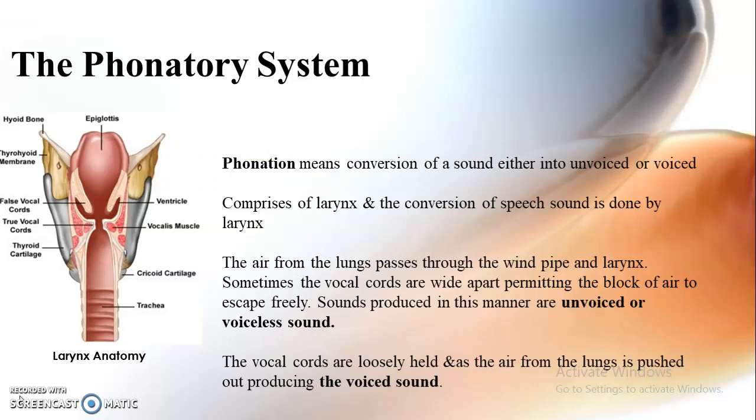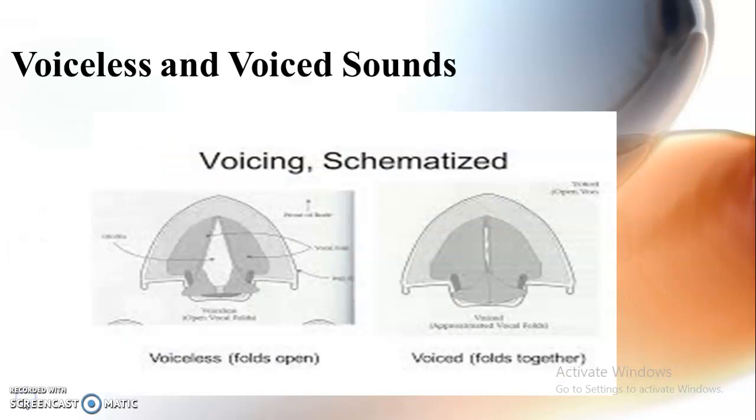Now we'll look into a pictorial representation of how the vocal cords are placed. See in this diagram, it is very clearly stated, right? You can see that there is a gap in the first picture, that is, the vocal cords are wide apart. Now the air flows very easily through this gap and you have voiceless sounds.